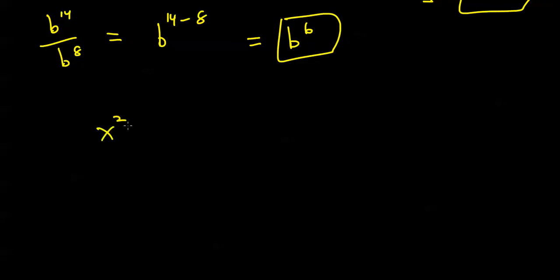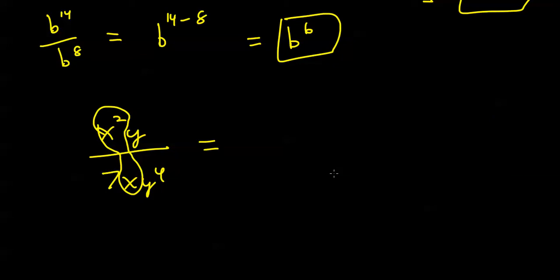Let's try something a little more difficult. X squared y over 7xy to the 4th. Well, how am I going to grind this out? Well, I think we can see x squared over x, well, reduces to one factor of x in the numerator.